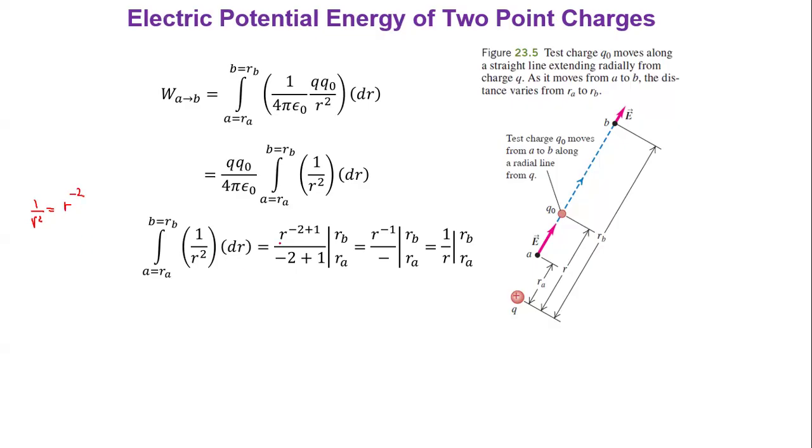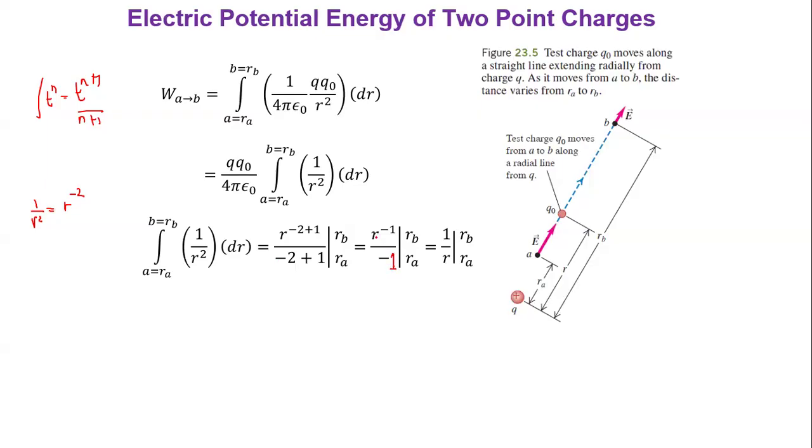From the formula, the integral of t to the power of n is just equal to t to the n plus 1 over n plus 1. If that's the case, we have negative 2 plus 1 over negative 2 plus 1, so we have negative 1 here.